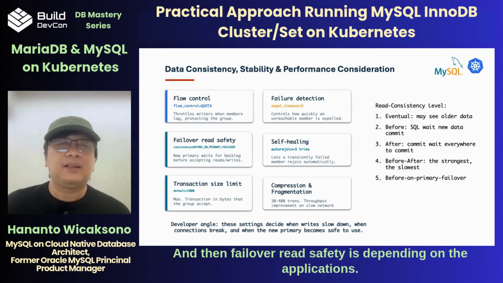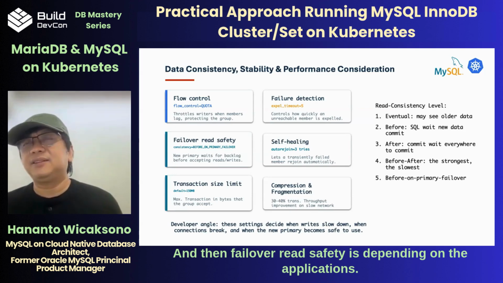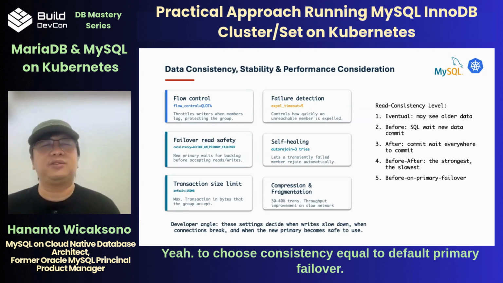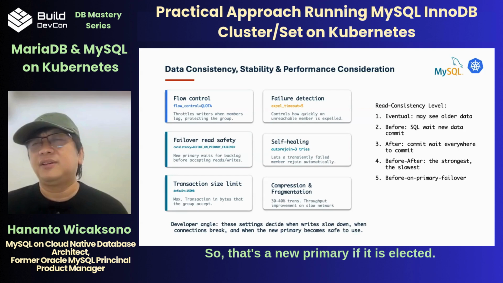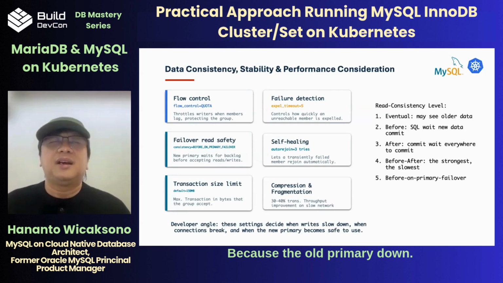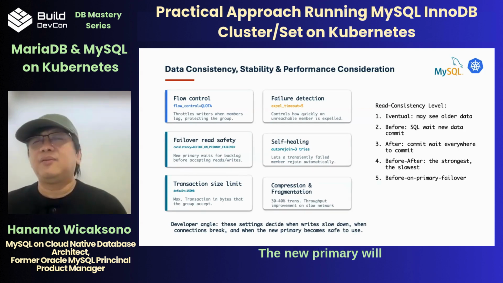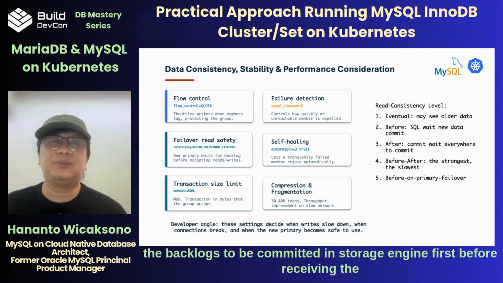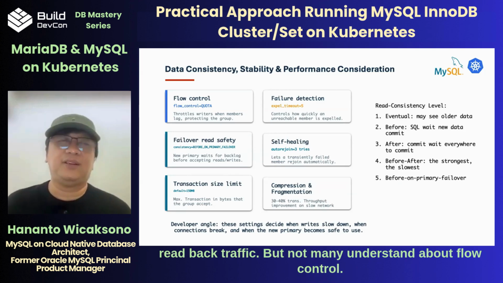And failover read safety depends on the applications. Most likely the safest is to choose a consistency equal to before primary failover, so that if the new primary is elected because the old primary is down, the new primary will wait for all the transactions in the backlog to be committed in the storage engine first before receiving read-write traffic.